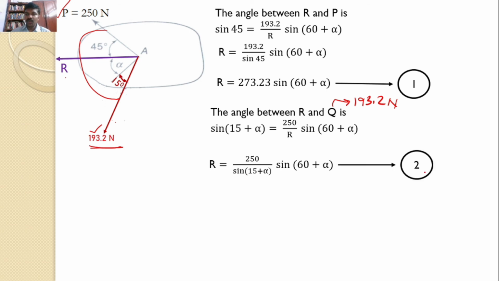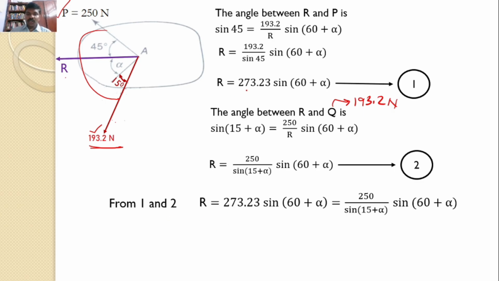This is my equation 2. In equation 1, I have R equal to so and so, and in equation 2, I have another equation R equal to so and so. By using equations 1 and 2, I can write the equation as 273.23 into sine 60 plus alpha is equal to 250 by sine 15 plus alpha into sine 60 plus alpha.